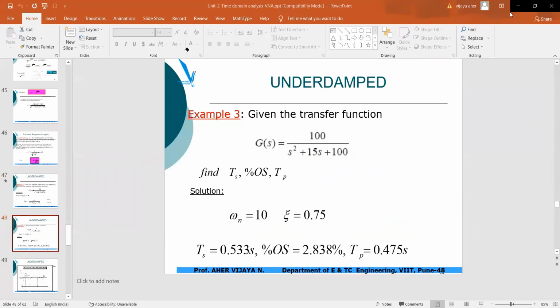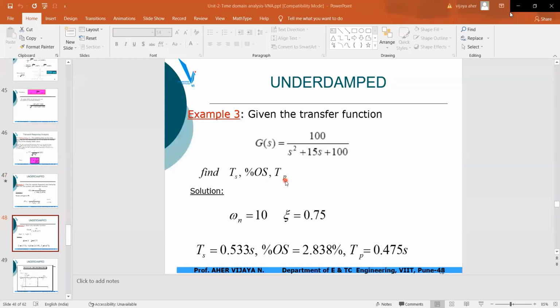Now here again the transfer function is given. The given transfer function is nothing but the transfer function for a second order system, if you observe it carefully, and you are going to find TS, that is settling time, percentage overshoot, and peak time TP. So what is the first step?